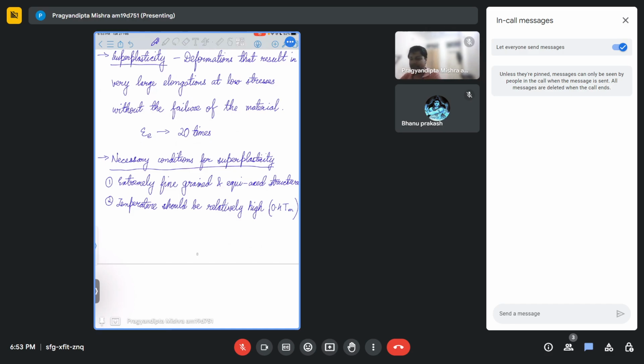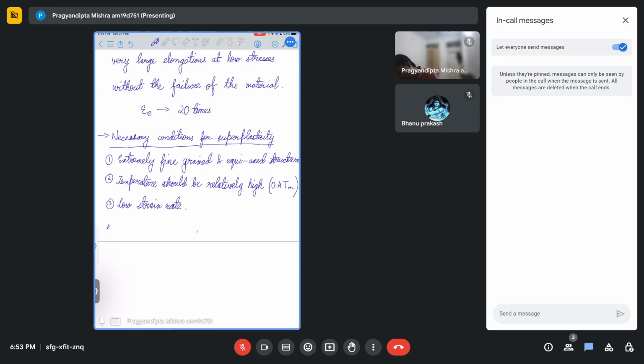Another thing would be that your strain rate should be low, meaning that you should not increase your strain very quickly. You should slowly increase your strain rate. Then only you'll achieve superplasticity.